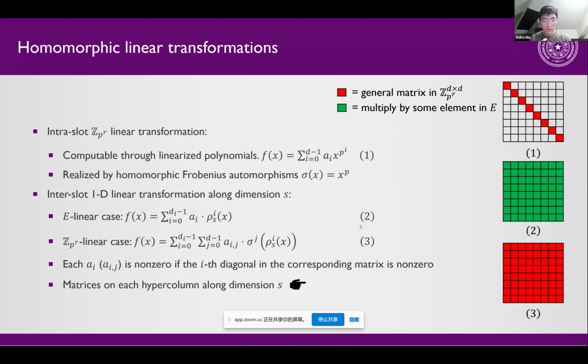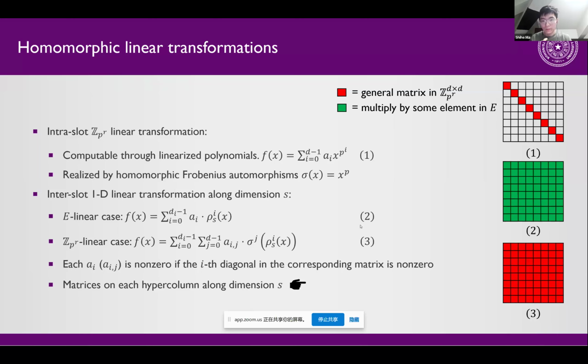Here, each of the coefficients a_i or a_ij is non-zero if the i-th diagonal in the corresponding matrix is non-zero.